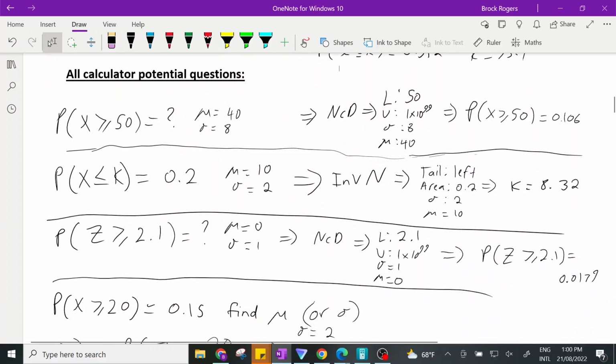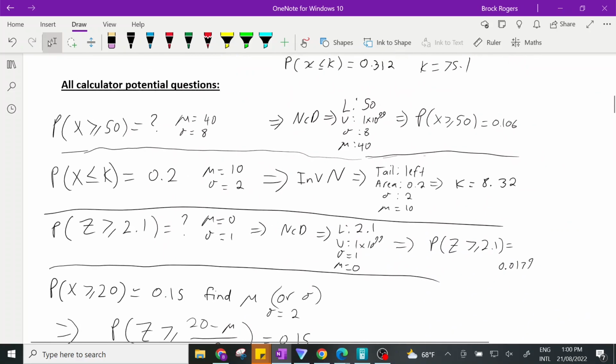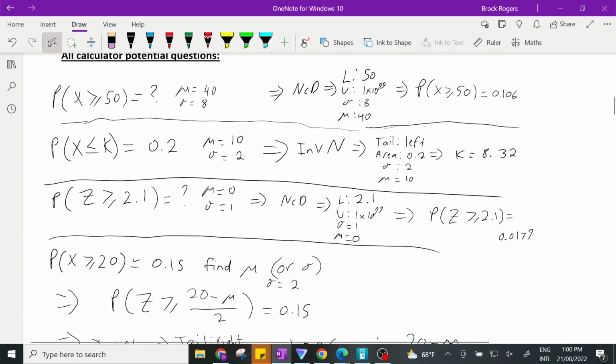But what I've got here is a bit of a list of all the potential calculator style questions you could get, all in one little summary. So the first one was from the previous chapter 8E. That was given a value, find the probability, type into the NCD mode. The second one was just inverse normal, finding a value given a probability, chuck that in the inverse normal, find the value.